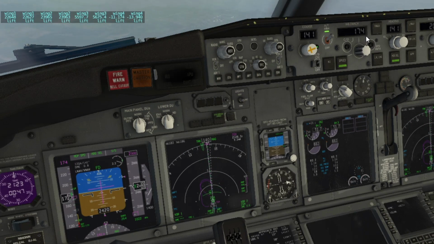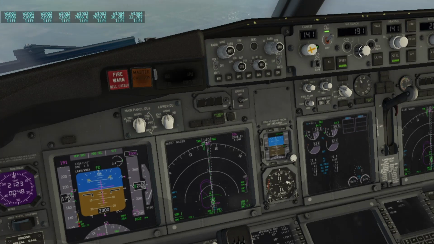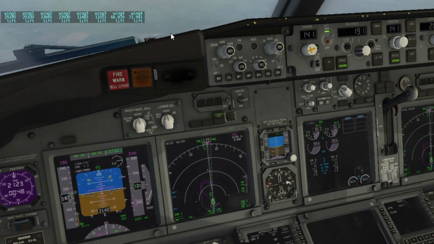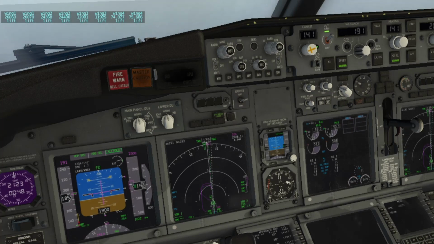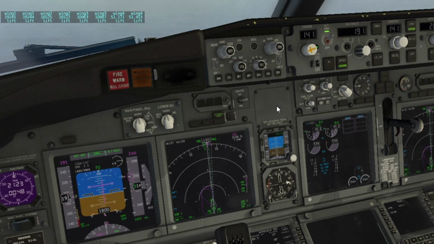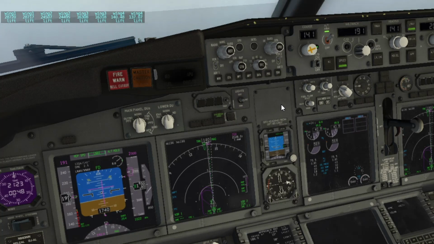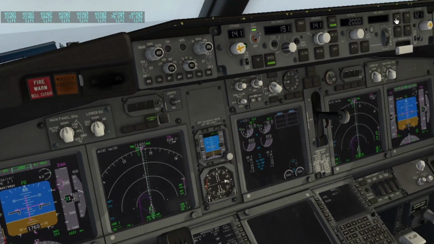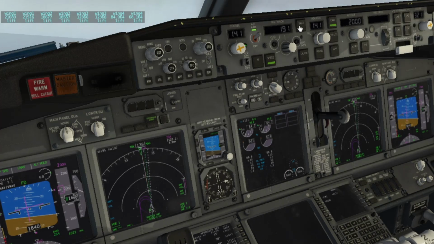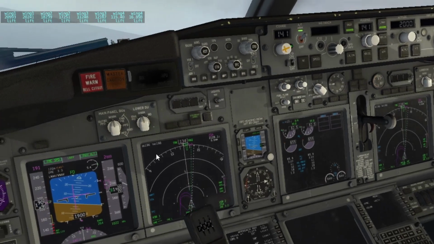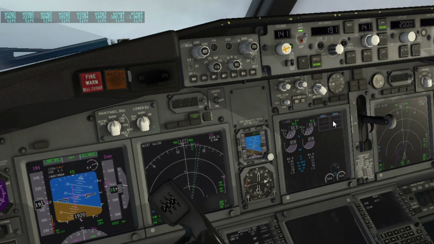Flaps 1. Flaps up. LNAV. Just VNAV altitude. No change. Altitude hold. Okay.